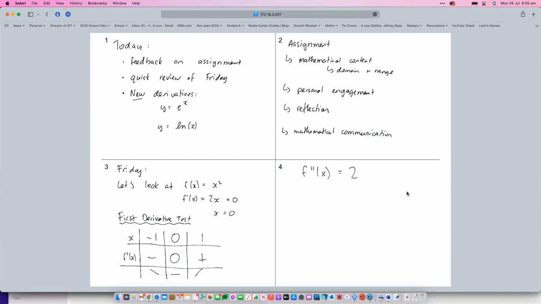It means that the gradient of the gradient function is constantly positive. It's a constant gradient of 2.